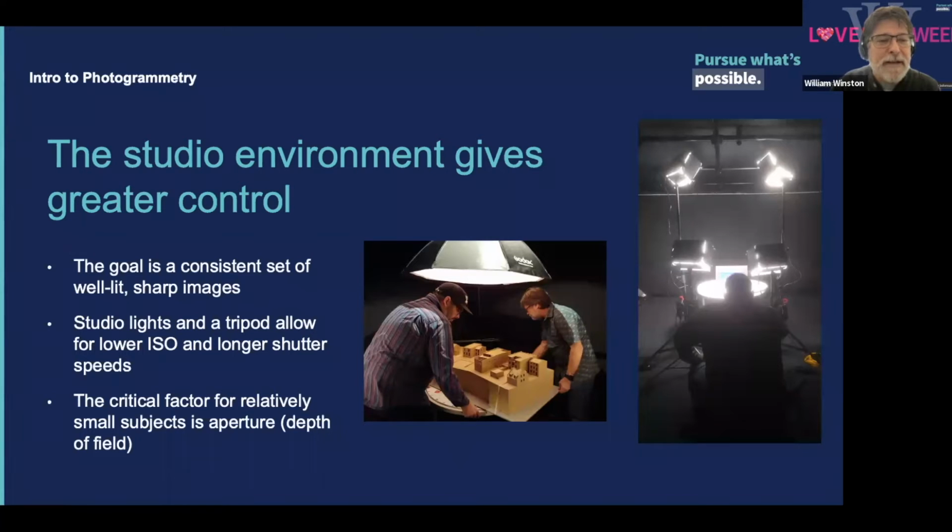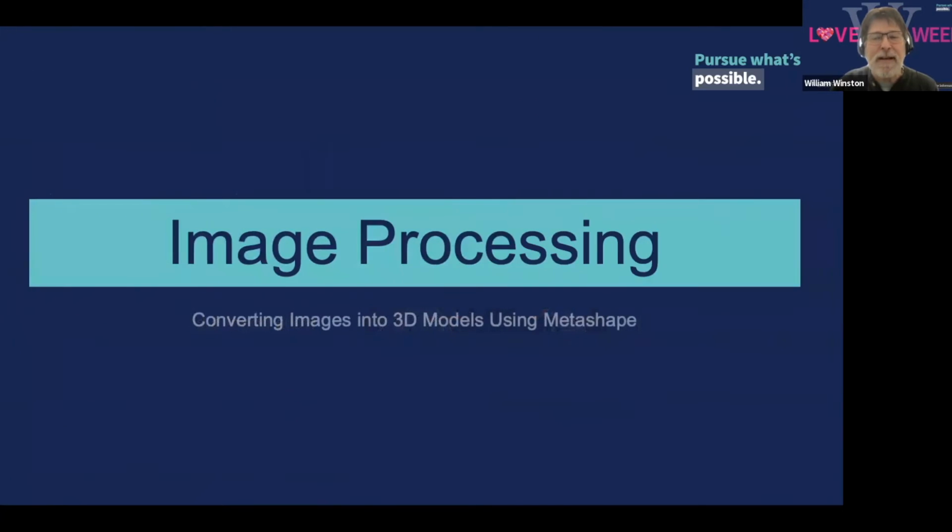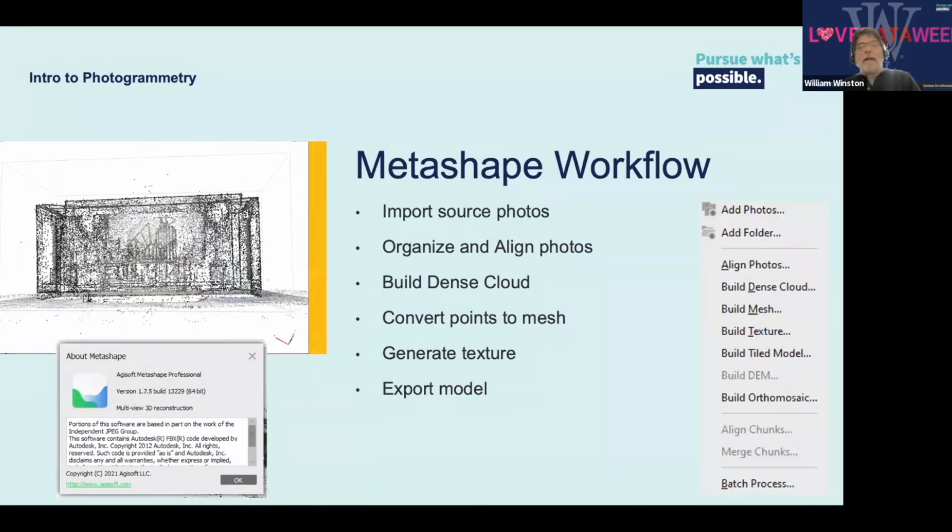And so I'm going to go back further on now, and we'll start talking about the processing workflow that we used to convert the images that we're capturing with that careful camera work into a three-dimensional model. The technology behind this, for us at least in the current iteration of our project, is a software called Agisoft Metashape.